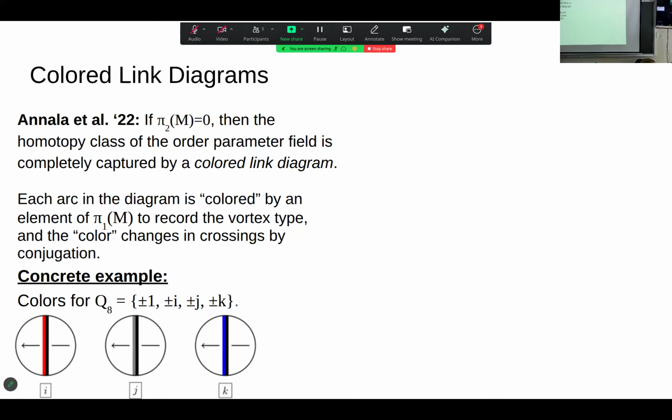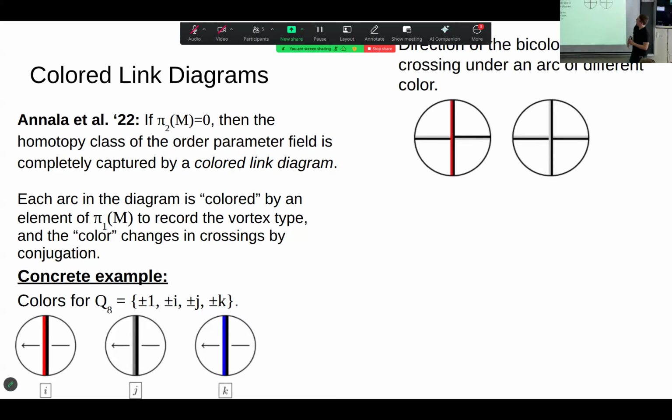So the idea is that every time you have this kind of knot diagram, you label all of the arcs by a group element, and a very concrete way to do it is to use these colors.